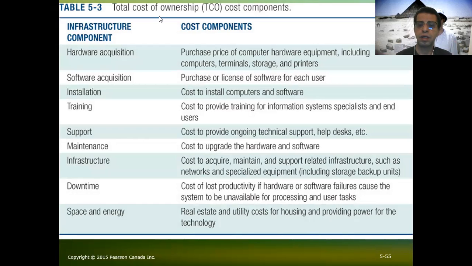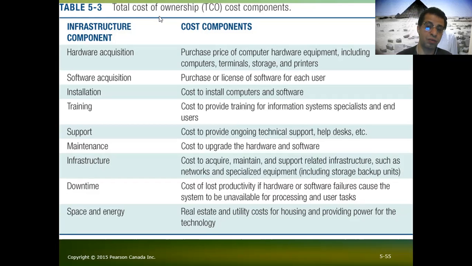part of it is purchase prices, hardware acquisitions: the purchase prices of computers, hardware, and equipment, including computers, terminals, storage, and printers. Then you have what you call software acquisitions, which is the cost of installing computers and software.